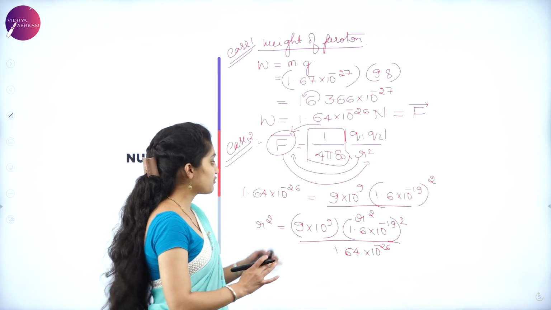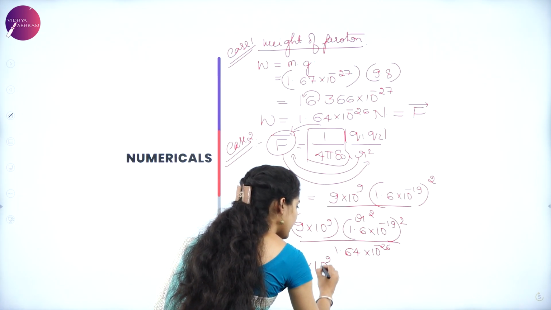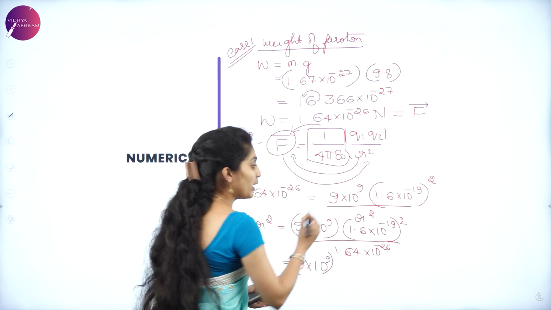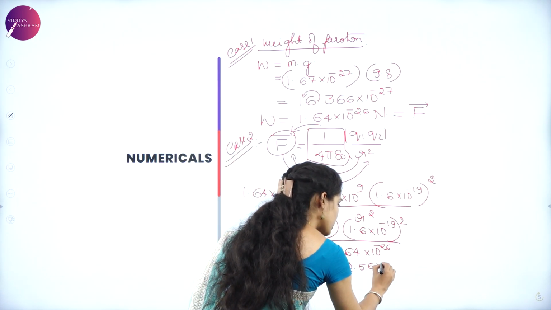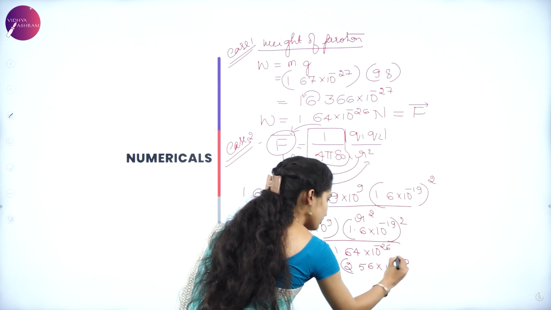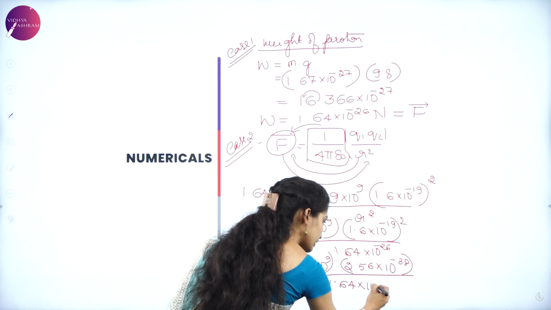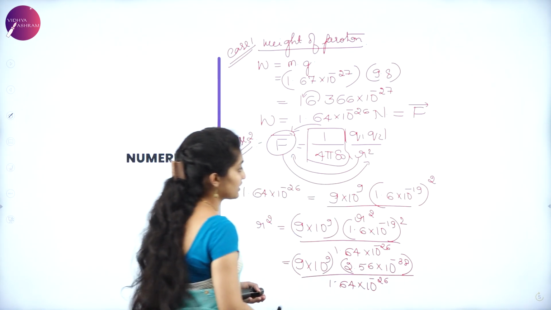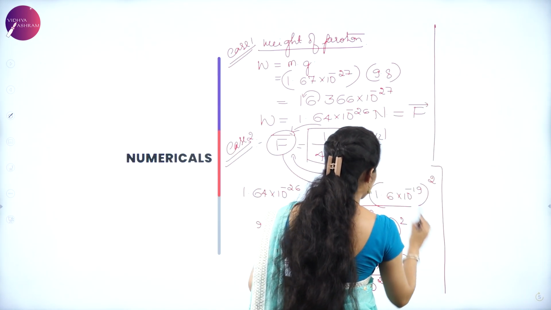Now on solving, 9 × 10^9 remains as it is. 1.6 into 1.6 is 2.56, and 10^-19 squared is 10^-38, divided by 1.64 × 10^-26. Having these, we have to simplify further.